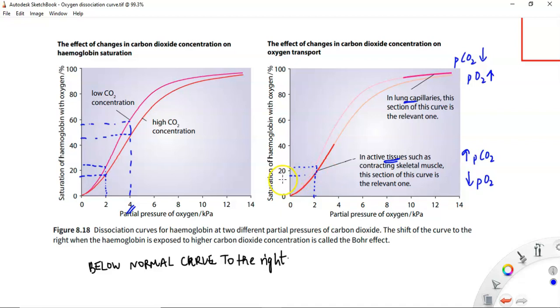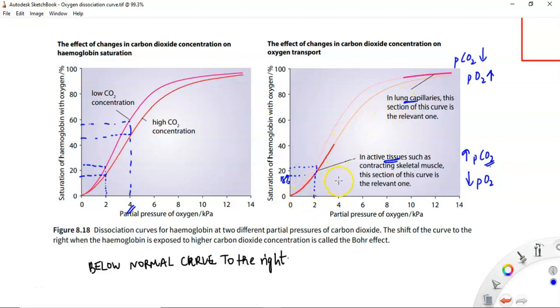That consequently means that in the presence of carbon dioxide, hemoglobin tends to release its oxygen. So that is very convenient. That's basically the significance of the Bohr effect.